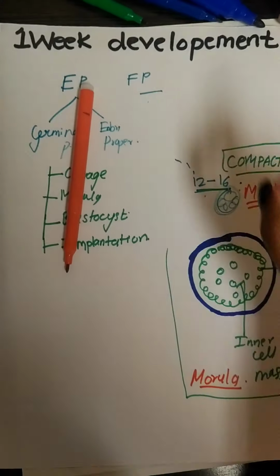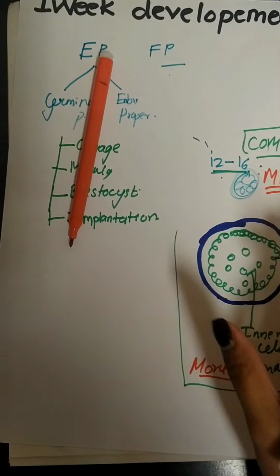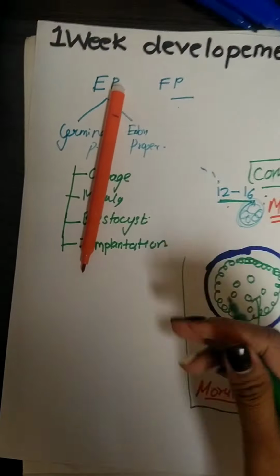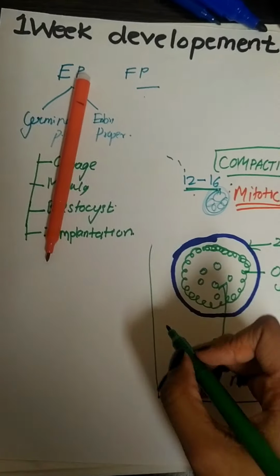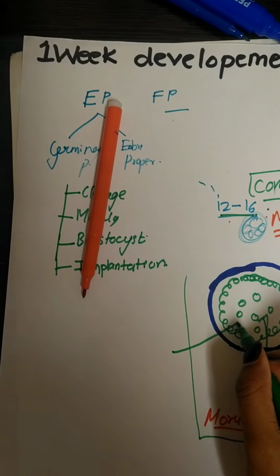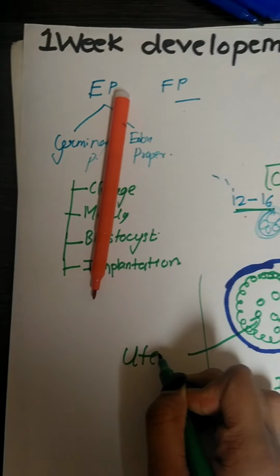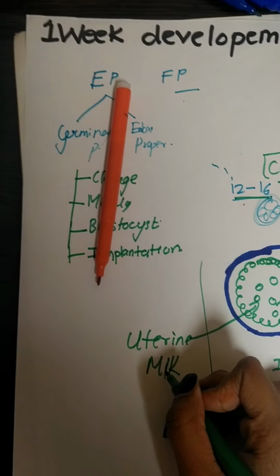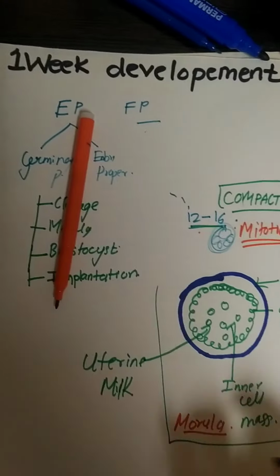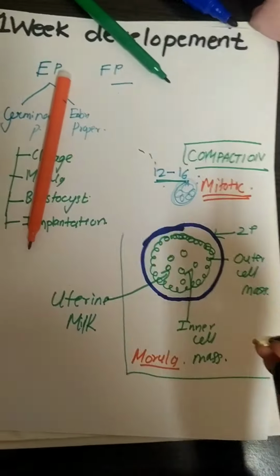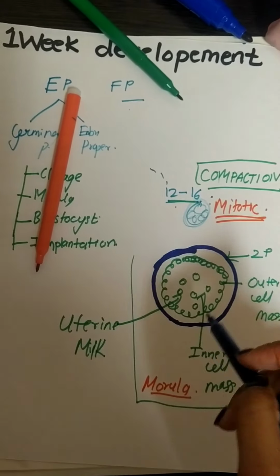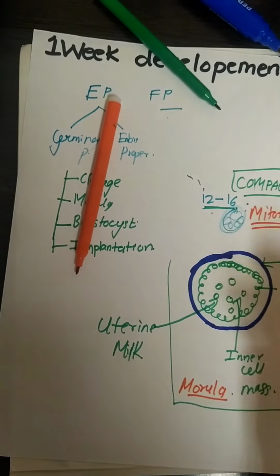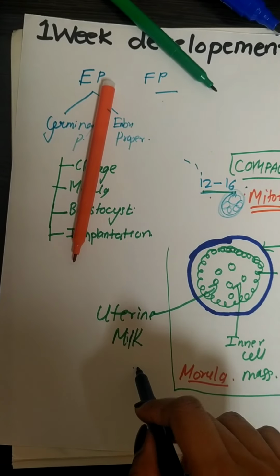After this process, inside the zona pellucida, a chemical enters. It's not a chemical, we can say it's an enzyme, called the uterine milk. As we know, nothing can penetrate the zona pellucida except the sperm, and the uterine milk.